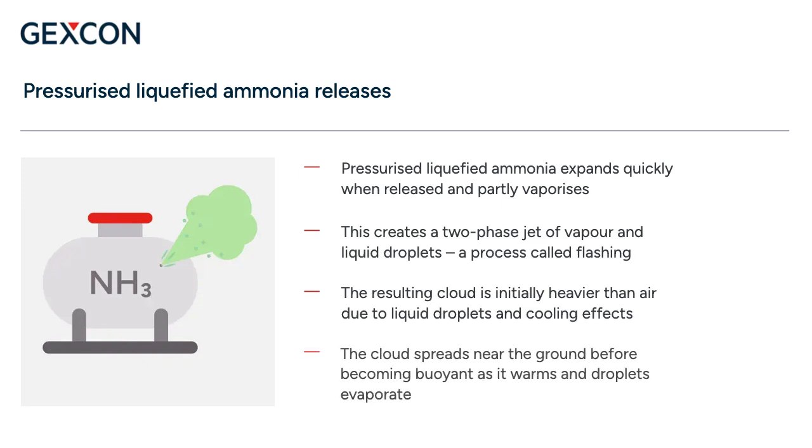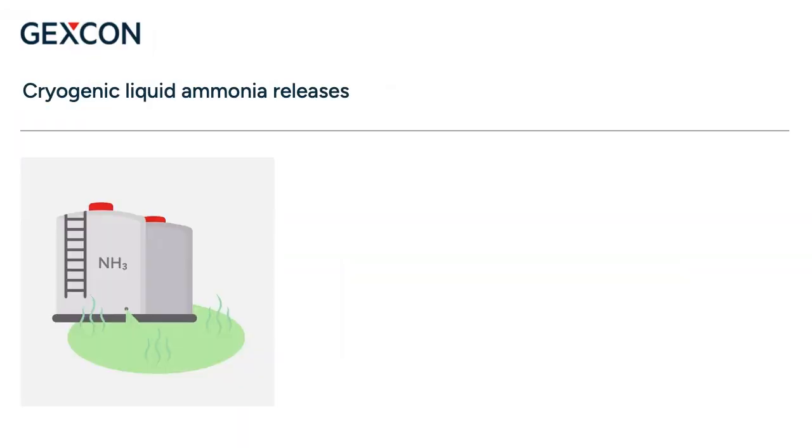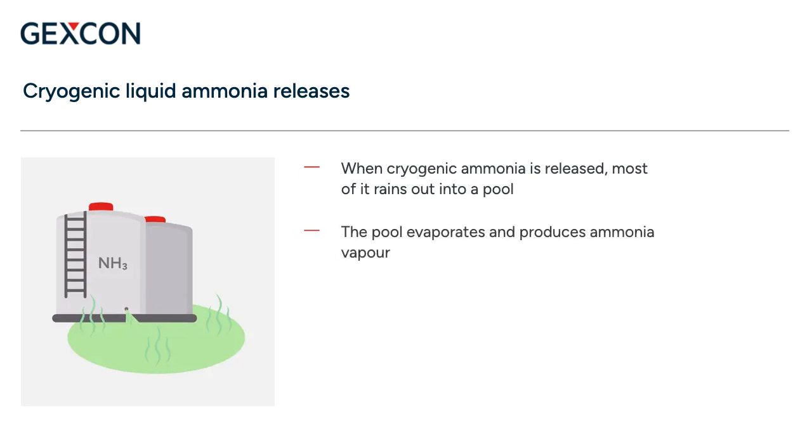This density difference causes the cloud to spread laterally near the ground before eventually becoming buoyant as it warms and ammonia droplets evaporate. In contrast, if cryogenic ammonia is released, most of the content rains out into a pool. The evaporating pool produces ammonia vapor.